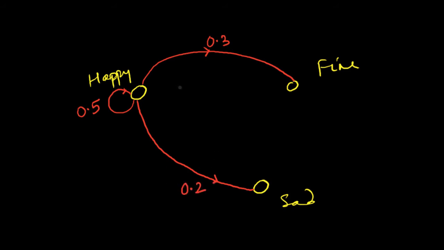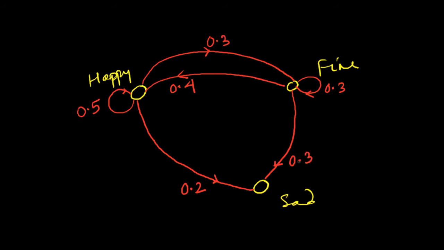And similarly, you have similar transition probabilities for the other nodes. So let's say if you're fine, you will remain fine with 0.3. From fine, you may convert to being happy with probability 0.4, and from fine you may come to sad with a probability of 0.3. If you are sad, maybe you will remain sad with a probability of 0.8, and with probability 0.2, you may transition to being fine.